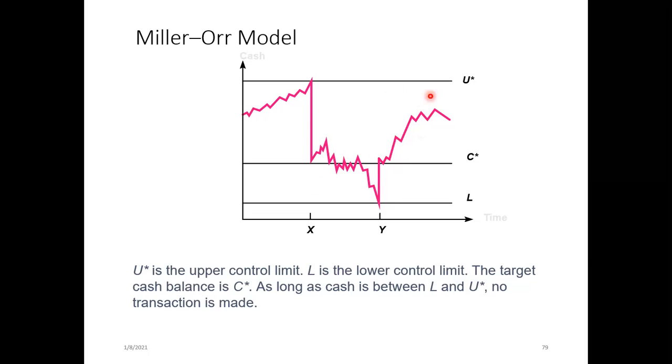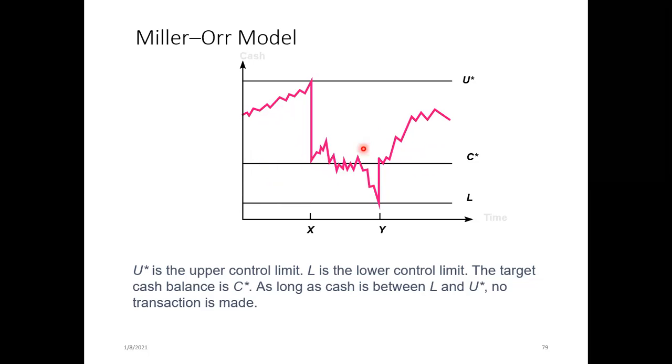So the money will move up and down between the upper limit and the lower limit, right? Here U is the upper limit and L is the lower limit. The target cash balance is C, and as long as cash is between L and U, no transaction is made.